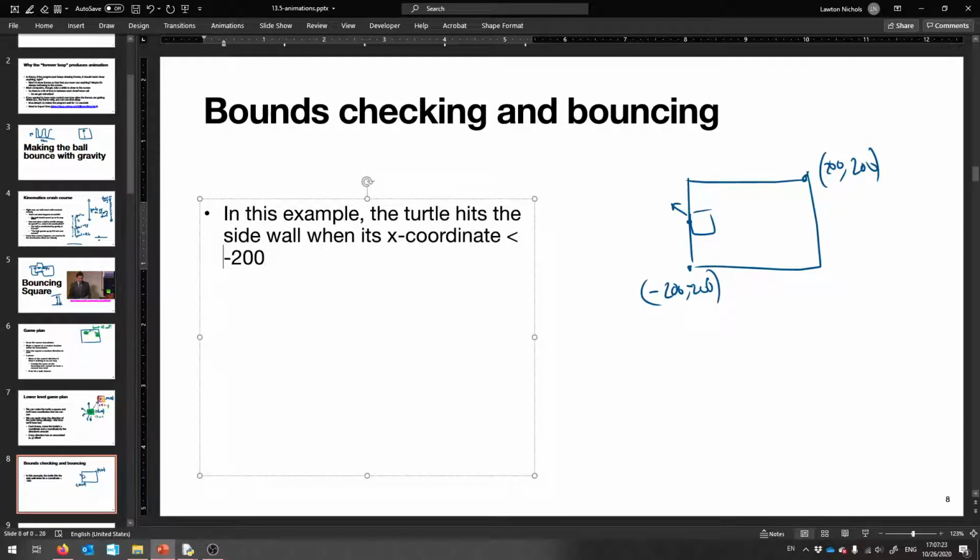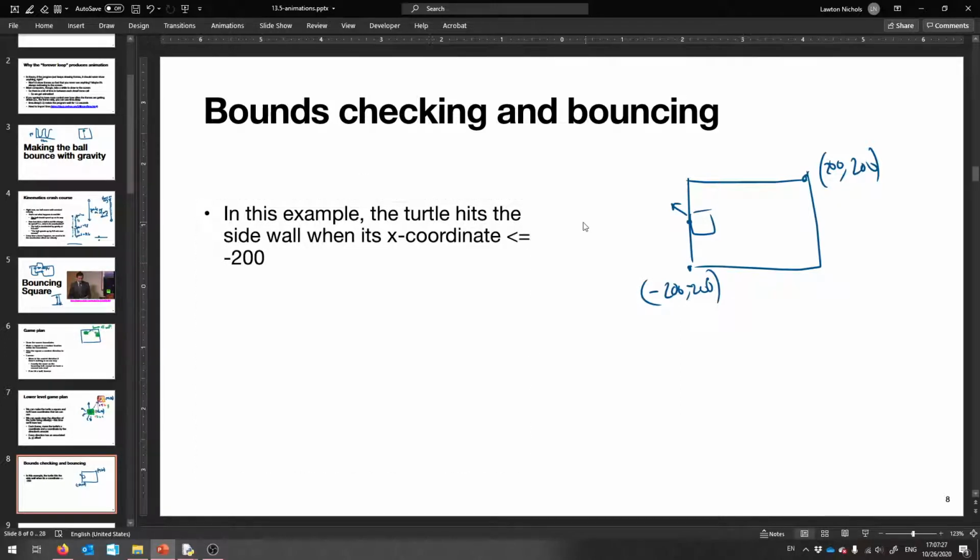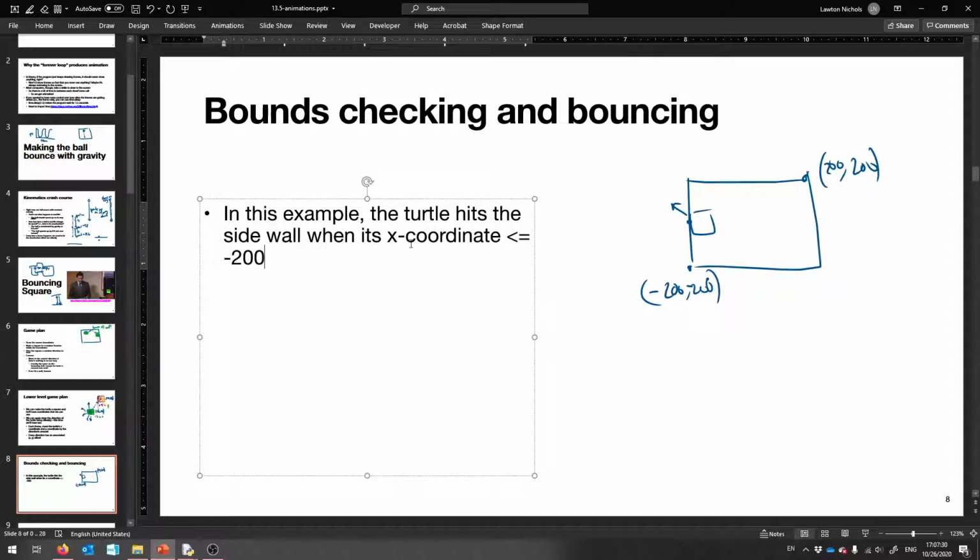Okay? Or less than or equal to negative 200. That's the idea. Okay? It's the left wall, I guess. And the right wall, it's hit when the x-coordinate is greater than or equal to 200. Okay?